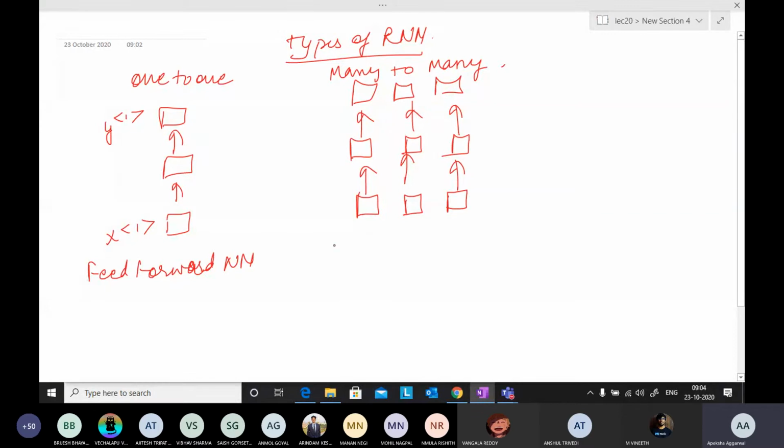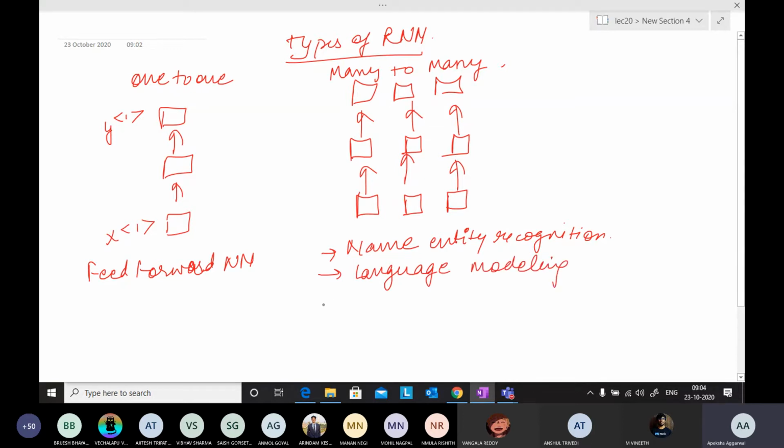And in many to many, the examples are named entity recognition and, let's say, language modeling. I will explain what language modeling is also. Language modeling is basically the chance of occurrence of a sentence in a text. What are the chances of occurrence of the whole sentence?